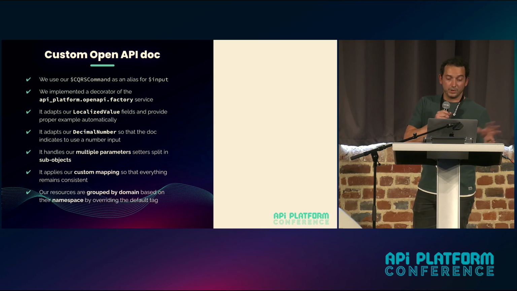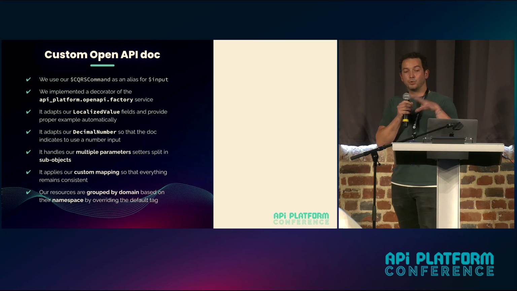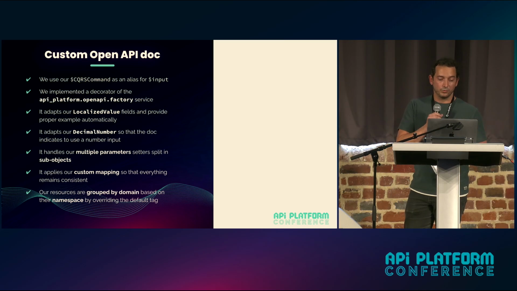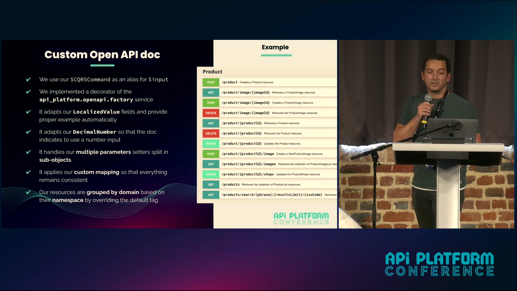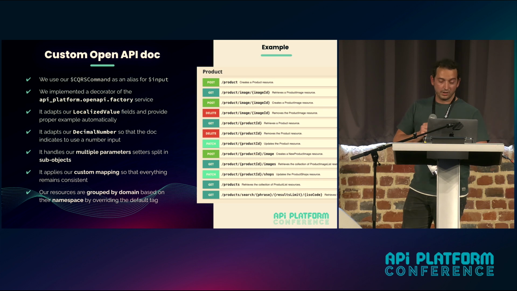And finally, it will group all the API resources that we have by domain, because we can have multiple classes, but we want them to be regrouped inside, for example, the product domain. So we use the namespace to guess the domain it's assigned to and override the default tag, so that this way all the endpoints related to product, even if they are defined on different API resources, are still under the product domain.